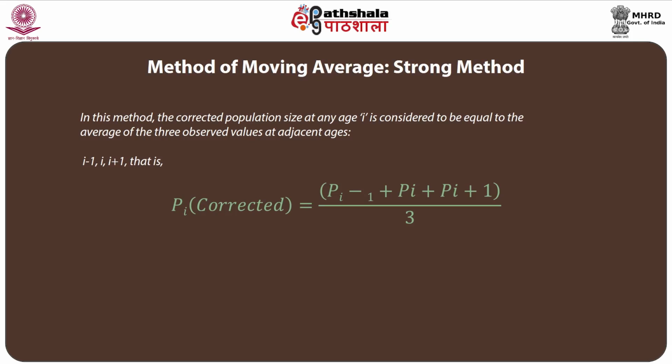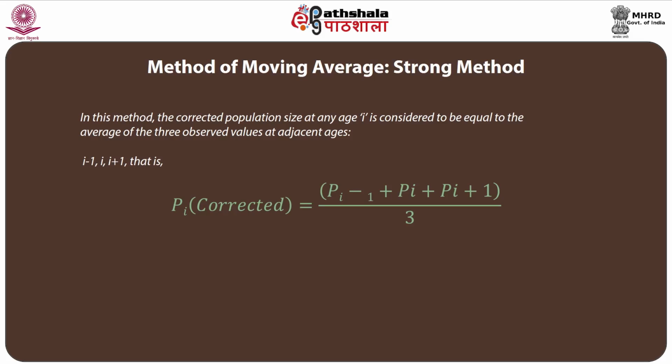In this method, the corrected population size at any age I is considered to be equal to the average of the 3 observed values adjacent to the age I. Hence, ages I minus 1, I, as well as I plus 1 will be taken, and a moving average of these 3 will be considered for smoothing the data.